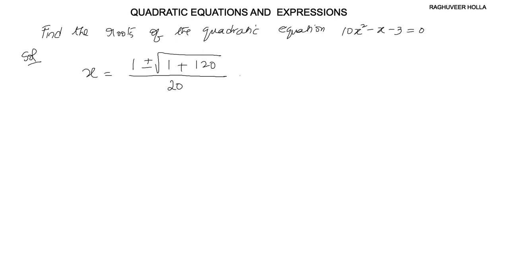So we get 1 plus or minus 11 by 20, which gives the roots 3 by 5 and minus 1 by 2. So these are the roots.